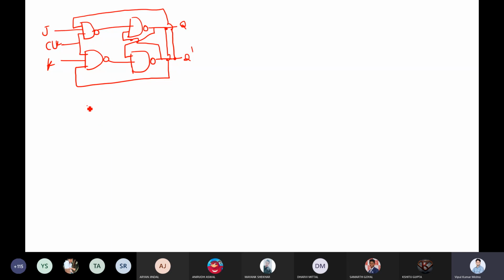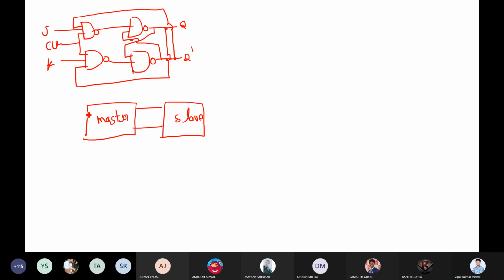And they are saying that the bigger one is the master slave flip-flop. So you can say master and slave. This is J, K, and here we have clock, and here we have a NOT gate and clock, something like that. So CLK. This is the master slave flip-flop.